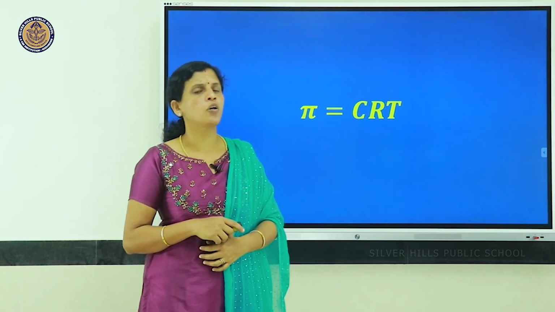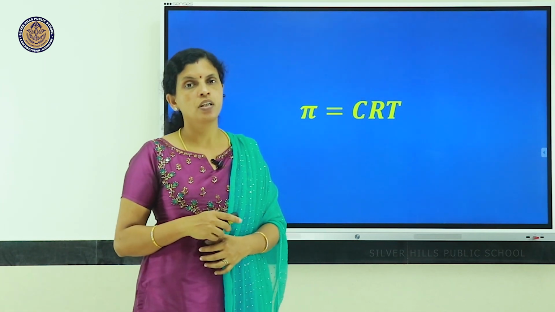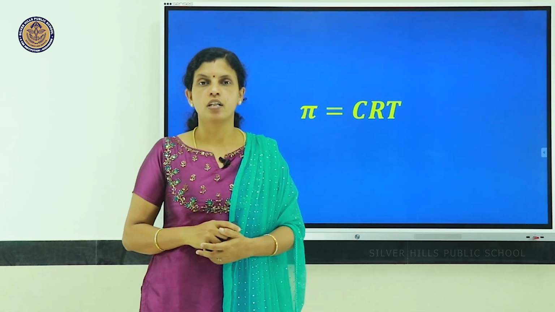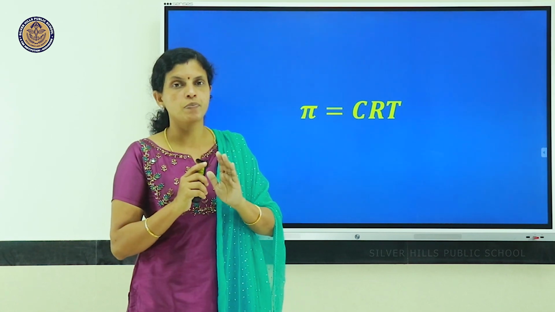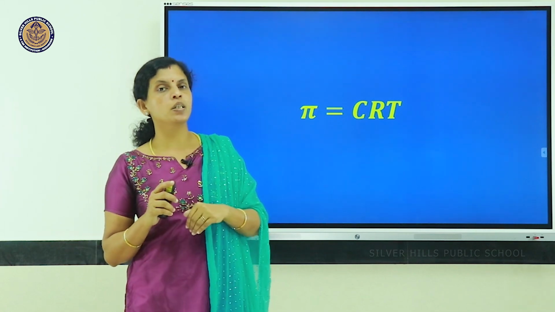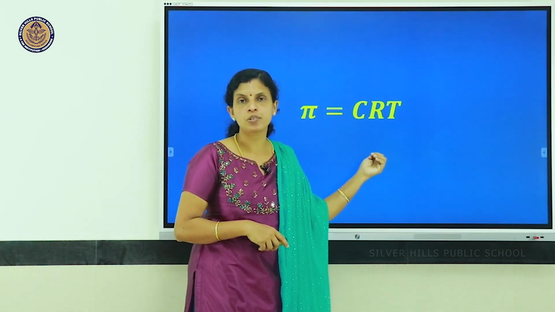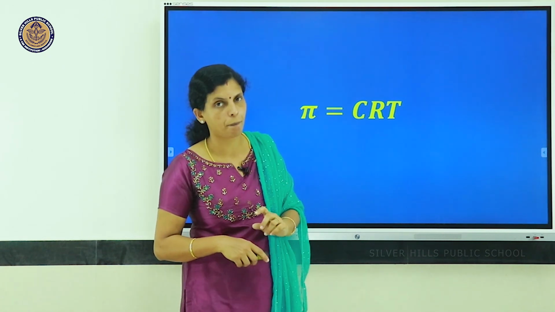For all the other colligative properties, like elevation in boiling point, depression in freezing point or relative lowering in vapor pressure, the concentration of solution is expressed in terms of molality, small m. But in the case of osmotic pressure, the concentration is expressed in terms of molarity, capital M.